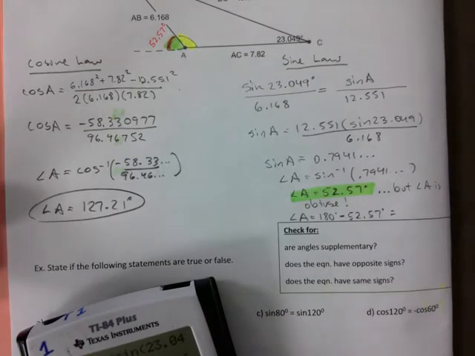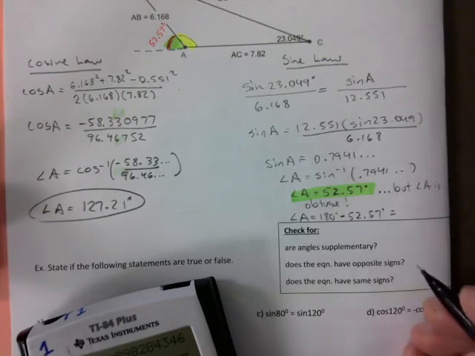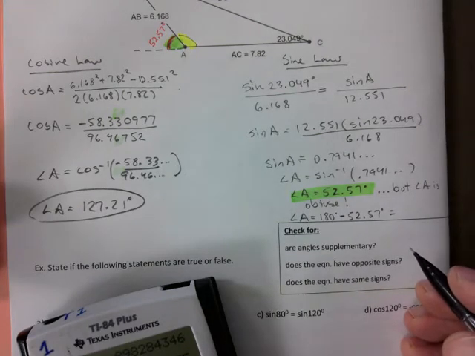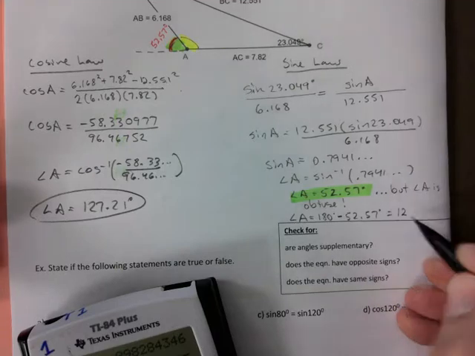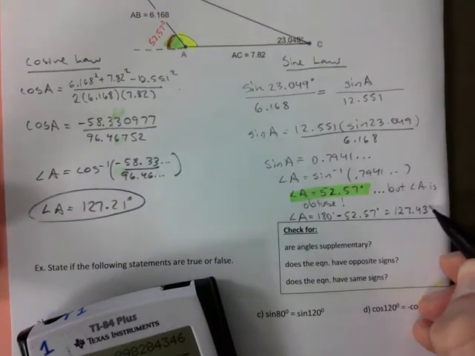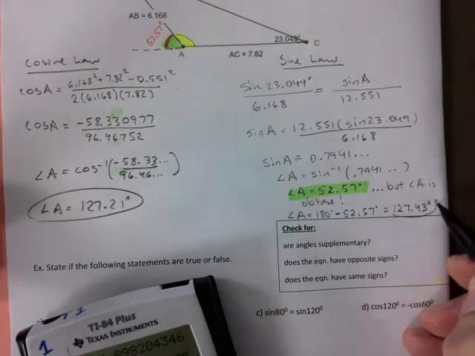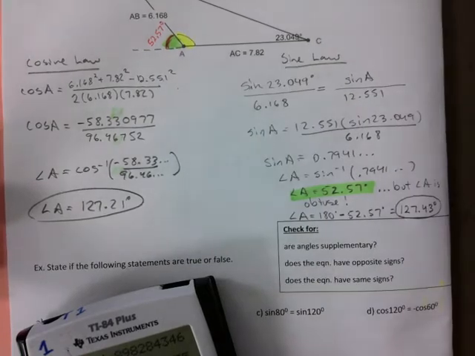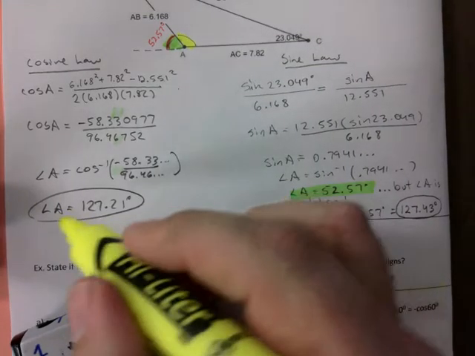So 180 minus answer, there we go, 127.43. And you're like, it's not exactly the same. I know. We would have to use more decimals for that to happen, right? And this is what we wanted.